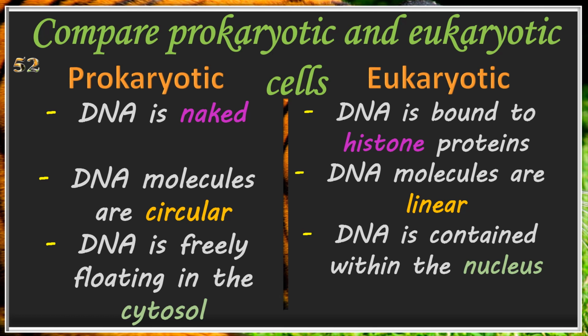Prokaryotic DNA molecules are circular. Eukaryotic DNA molecules are linear. Prokaryotic cells' DNA is freely floating in the cytosol, whereas the eukaryotic DNA is contained within the nucleus.